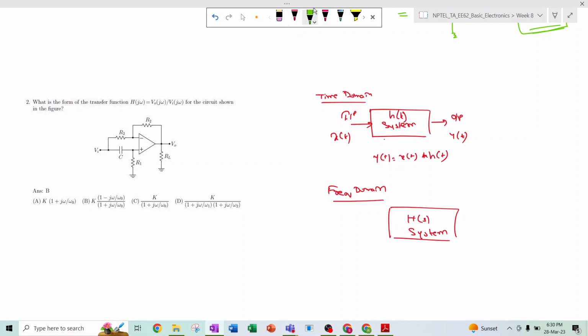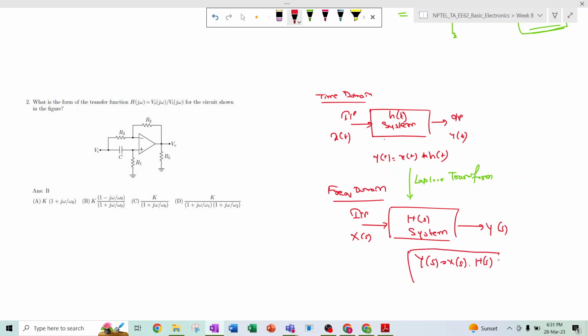This is basically the Laplace transform of the time domain system to the frequency domain system. If we do the Laplace transform, the input becomes X(s) and the output is Y(s). Then we can say the output is nothing but the multiplication of X(s) and H(s).